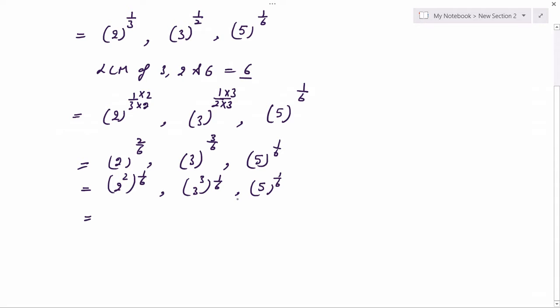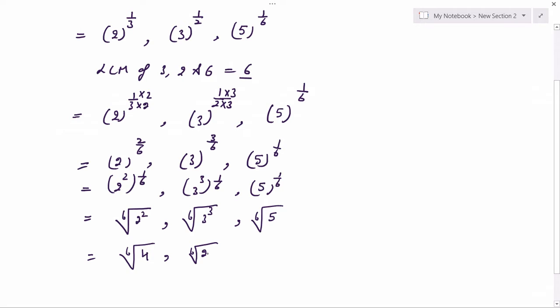Now I can convert this into a symbolic form. 6th root of 2 raised to power 2. This is 6th root of 3 raised to power 3 and this is 6th root of 5. Okay, now you can write down this as 6th root of 2 raised to power 2 is 4. This is 6th root of 3 raised to power 3 is 27. 3 3s are 9. 9 3s are 27.